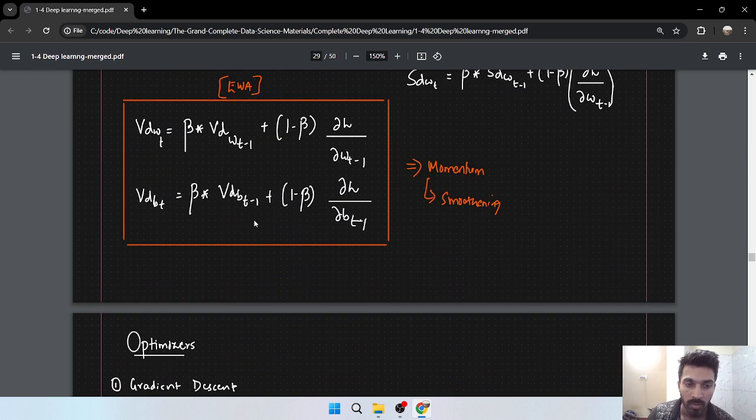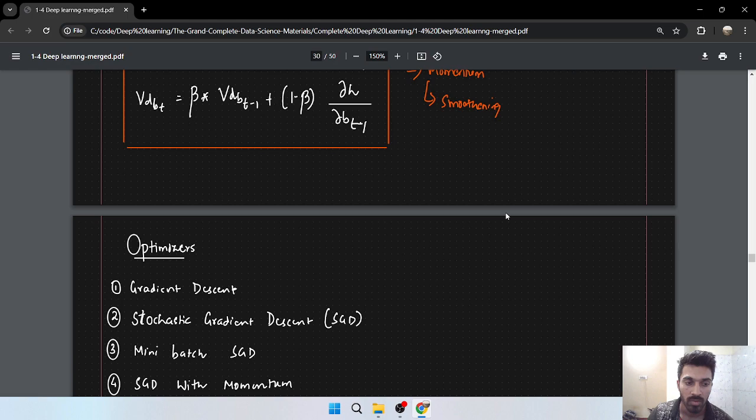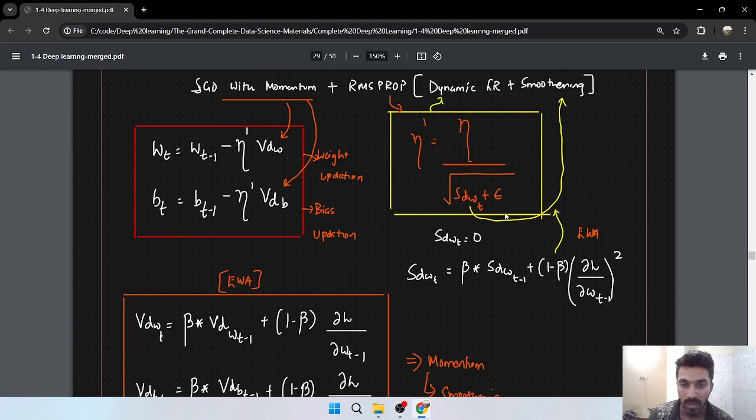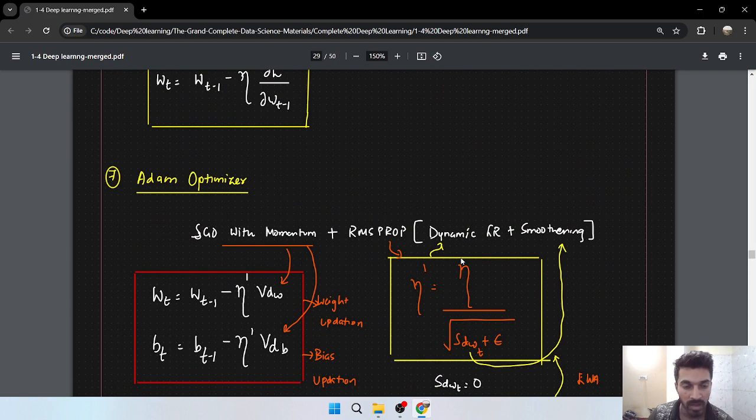So your formula will now be W new equal to W old minus eta. In eta we have introduced eta dash equal to eta upon under root of alpha t plus epsilon, but in Adam, alpha t will have some smoothing factor.